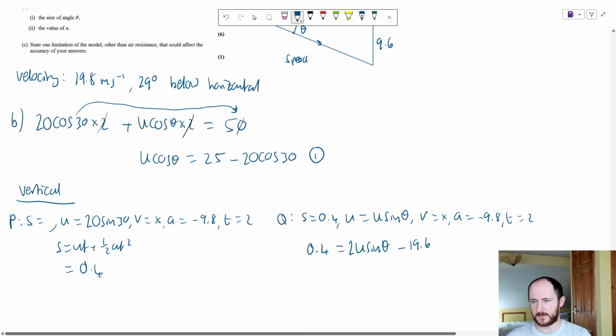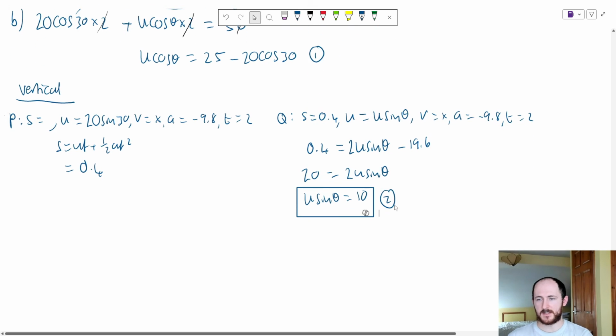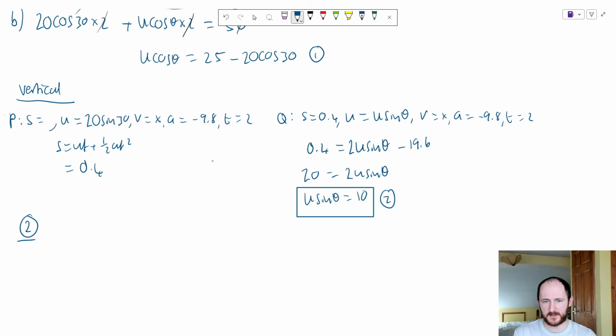Add that over to the other side, we get 20. Hey, that's nice. 2 u sine theta equals 20, which means u sine theta equals 10. And you can already guess what I'm going to do. Divide one by the other, and so we get tan theta equals 10 over that disgusting thing.